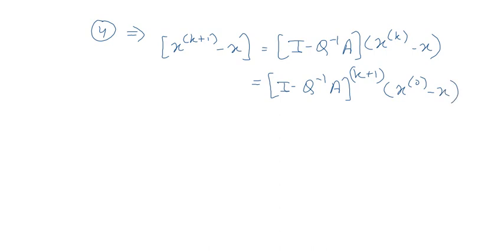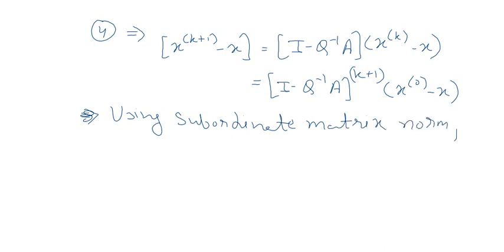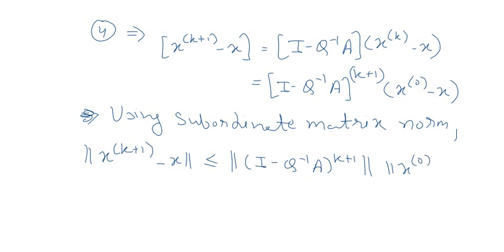Now use any subordinate matrix norm: the norm of x_{k+1} minus x is less than or equal to the norm of (I minus Q inverse A) to the power k plus 1 times the norm of x0 minus x. Using the submultiplicative property, this is further less than or equal to the norm of (I minus Q inverse A) raised to k plus 1 times the norm of x0 minus x.